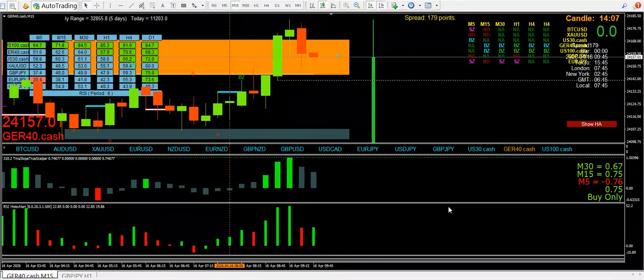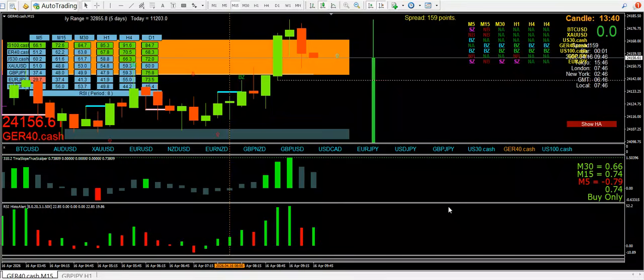What I want to explain, and hopefully a few new traders will find this as well, but traders that are not so new to what I do, is the importance of the indicators to me and how I trade very differently to quite a lot of other scalpers. And that is, I use my indicators to keep me out of bad trades.